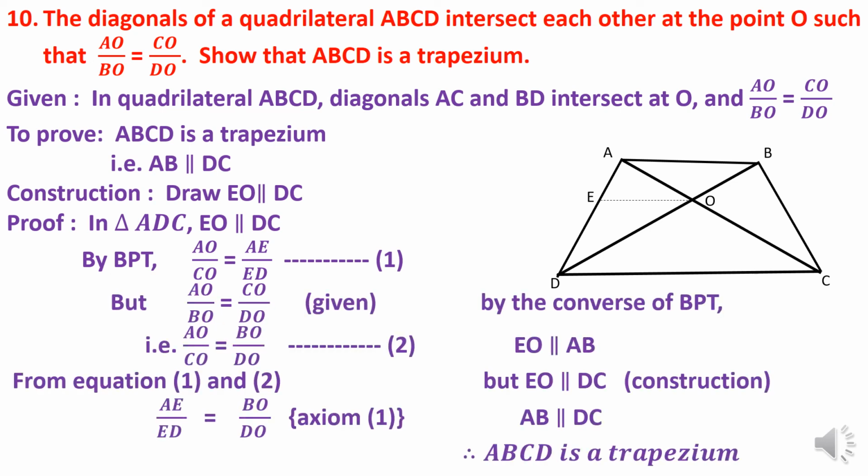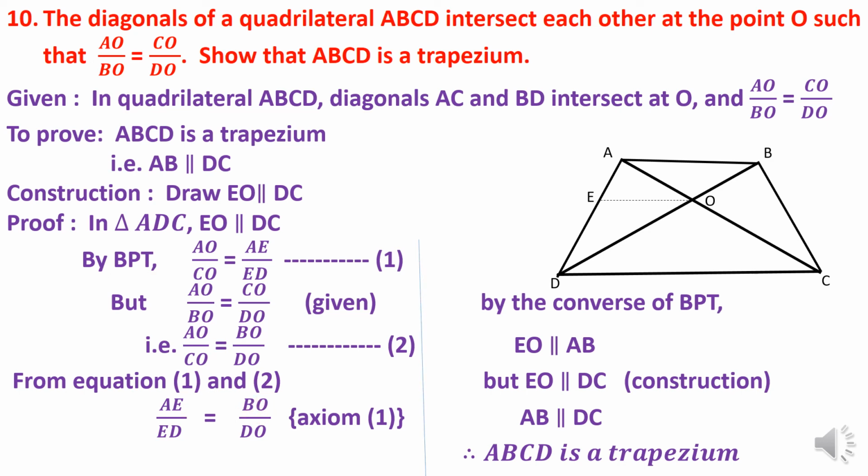But given that AO upon BO is equal to CO upon DO, by cross multiplying AO upon CO is equal to BO upon DO. Consider this as equation 2. Compare equations 1 and 2. Two things which are equal to the same thing are equal to one another. By axiom 1, AE upon ED is equal to BO upon DO.